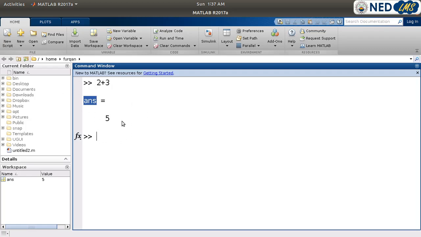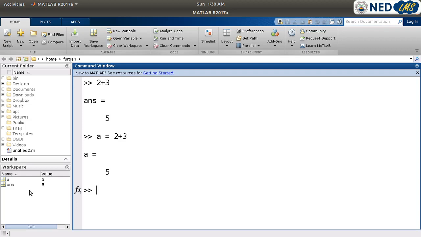I can also store the result in any variable of my choice. For example, if I write a = 2 + 3, here I mentioned variable a in which I want to store the result of the expression. MATLAB will now store the result of 2 plus 3 in the variable a rather than the variable ans.